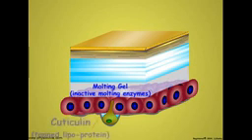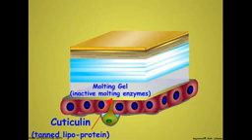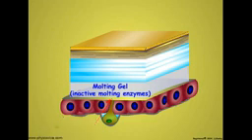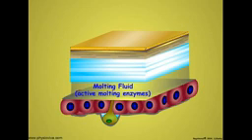A new outer epicuticular layer of cuticulin is secreted. This new cuticulin layer protects the epidermal cells and newly forming cuticle from digestion by the enzymes in the molting gel, which is then activated and becomes a fluid. The chitinase and protease enzymes of the molting fluid begin to digest the old endocuticle.